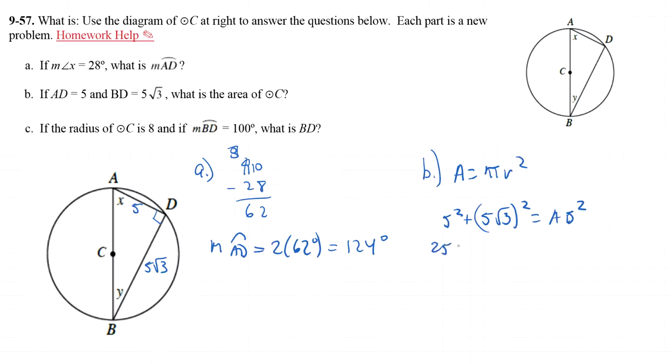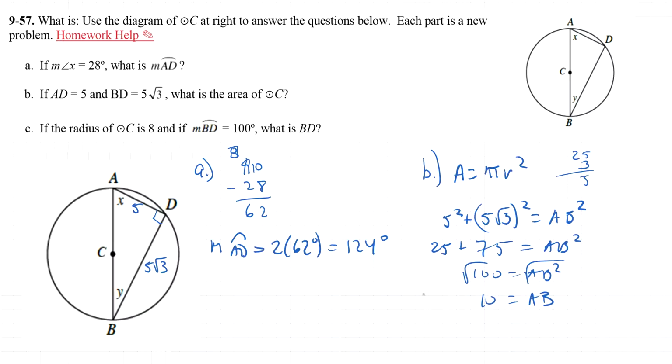So that's 25 plus 25 times root 3 times root 3, which is 3, so 25 times 3 is 75, equals AB squared. When you add this together, you get 100 equals AB squared, and so you take the square root of both sides, and AB, the distance from A to B, is going to be 10.